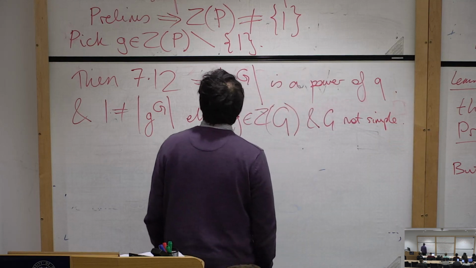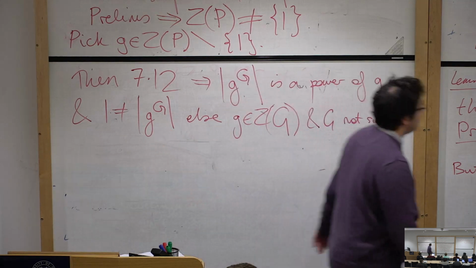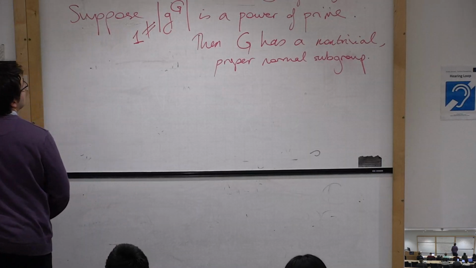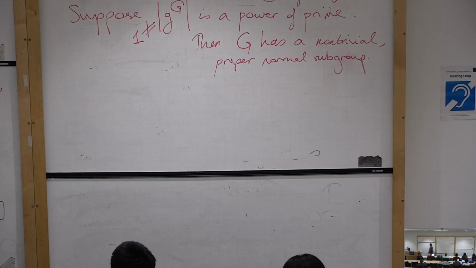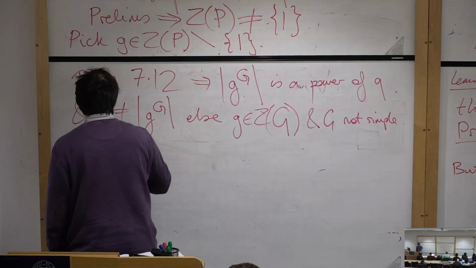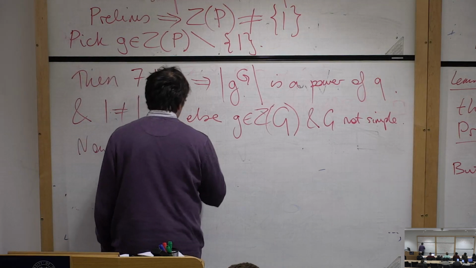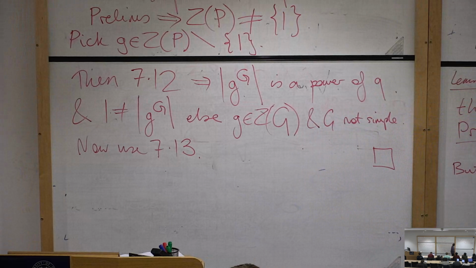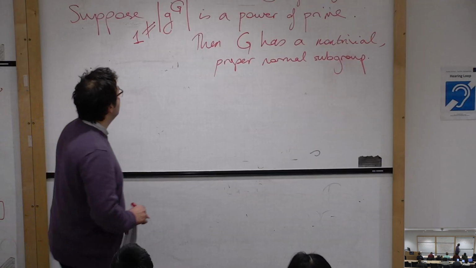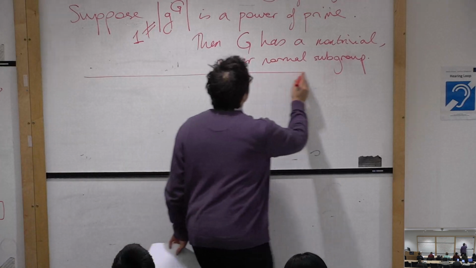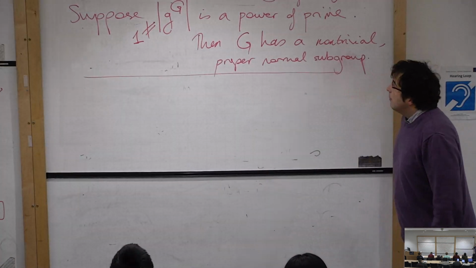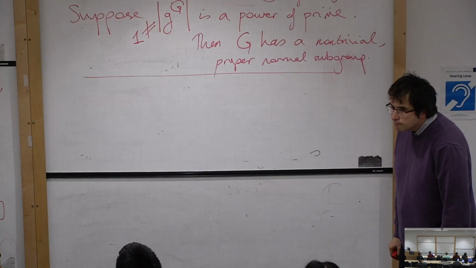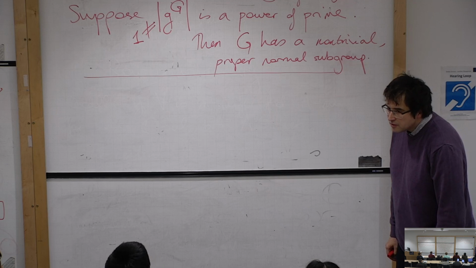Okay, so that puts us in position to apply this. Good. So we've reduced Burnside to this, where we're going to get a normal subgroup from kernels of representations.